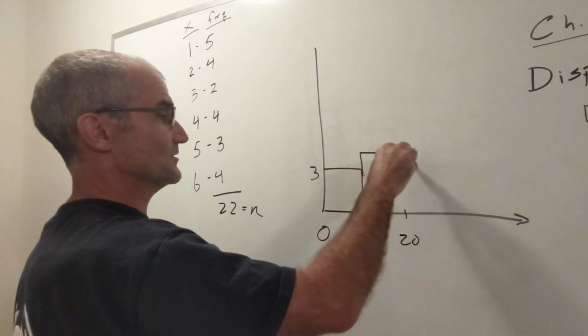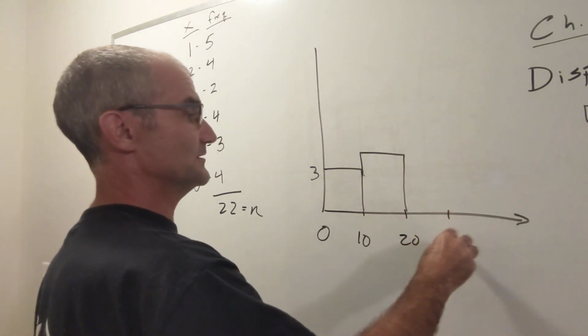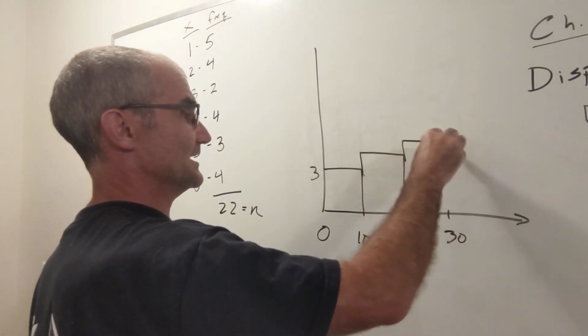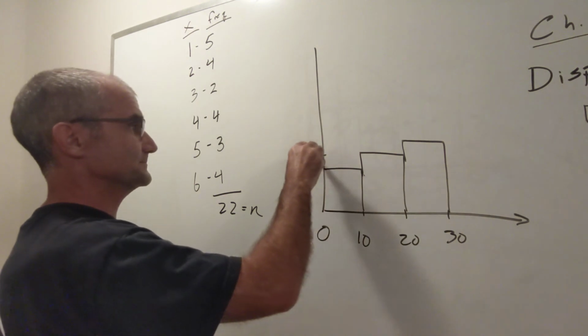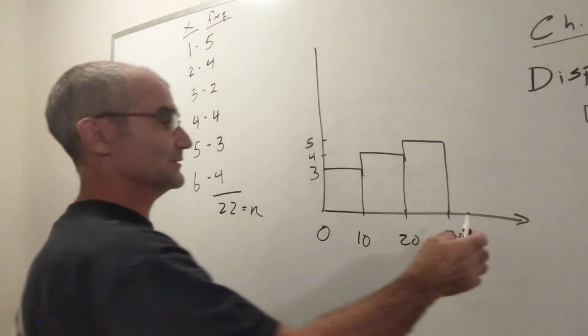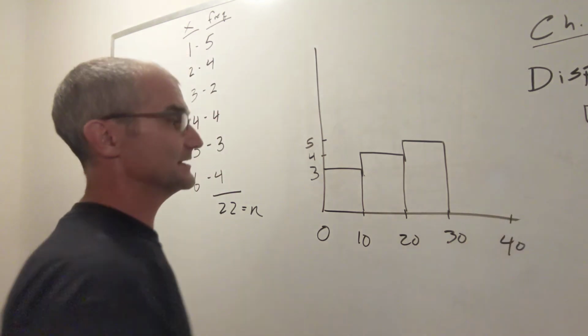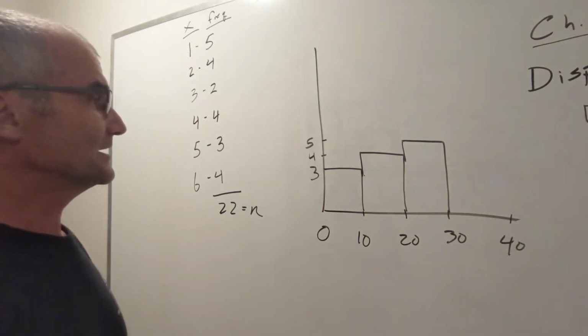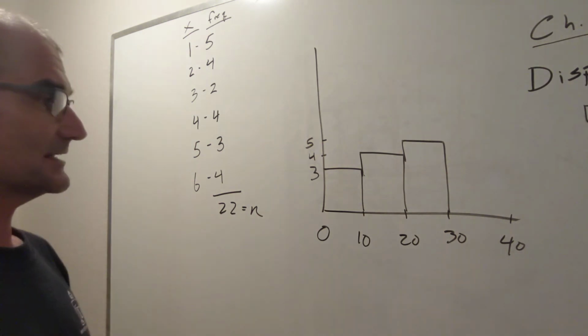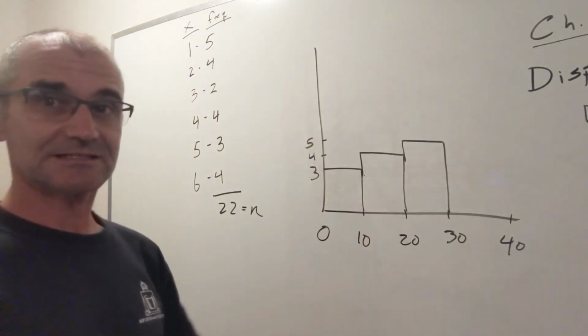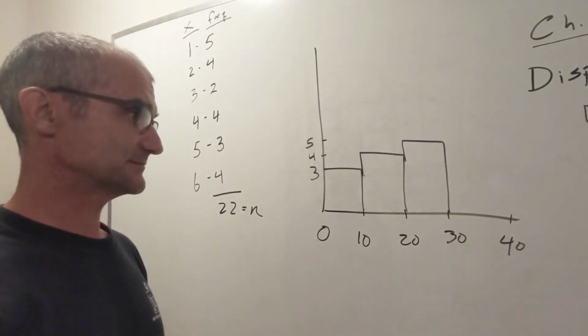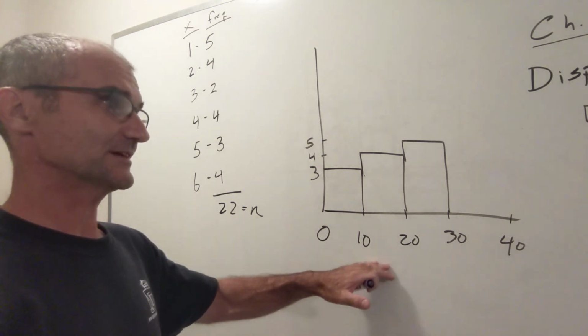Maybe there's 4,000 between 20 and 30 years old. Maybe there's 5,000. And then how many people are between 30 and 40, and so on that way. So it's a great way to figure out the overall size of the population and how that age is distributed through that population. Again, that's called a histogram.